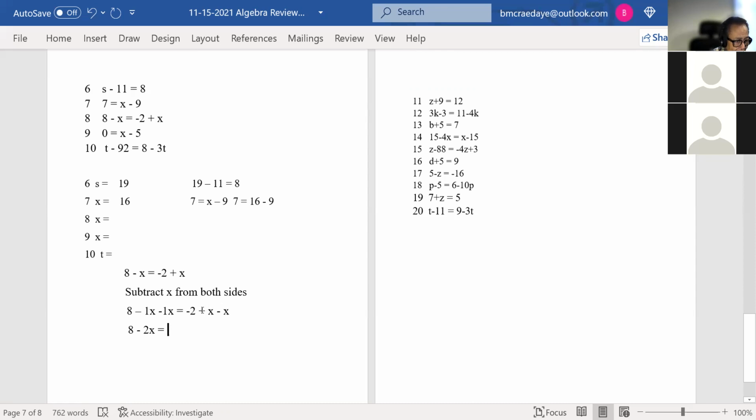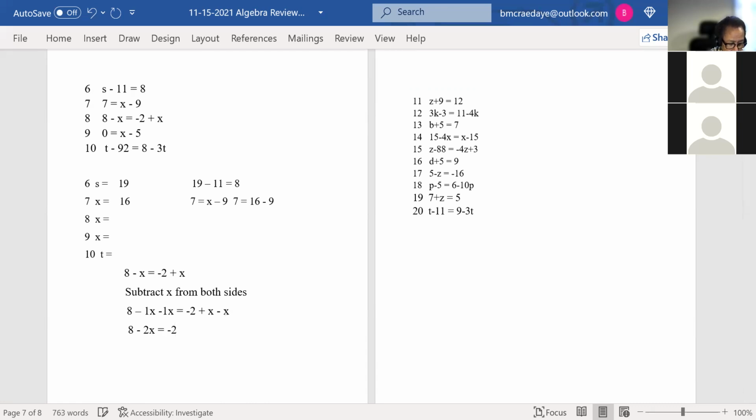So what does a plus x and a minus x give you? A plus x and a minus x gives you 0.